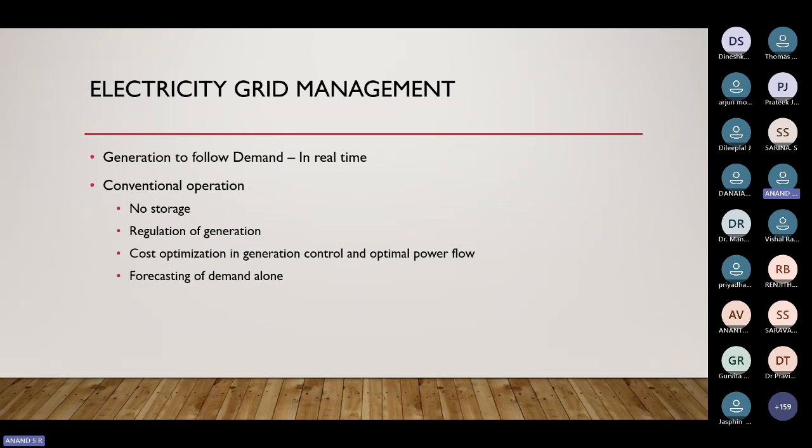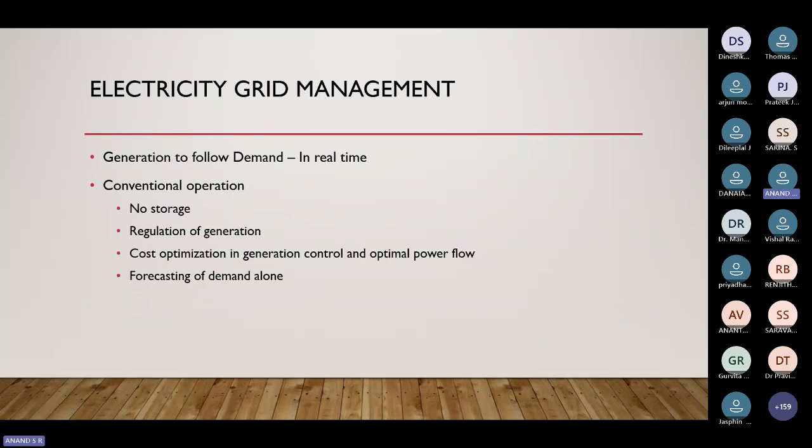If it is a pithead station, then the coal transportation, which is much costlier than the transportation of electricity through the transmission system, is avoided. That resulted in locating the generators near the pitheads, and the transmission system design, of course, followed the OPF, and that was the way in which the system was designed.